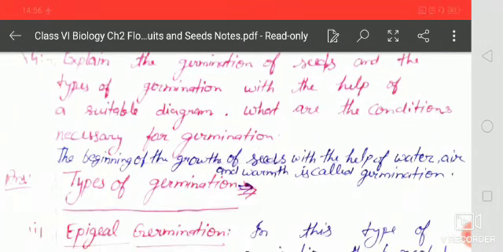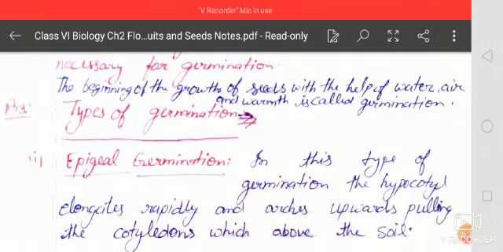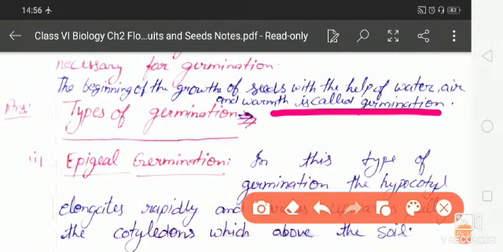So you know the beginning of the growth of a seed with the help of water, air and warmth is called germination. Germination is of two types, epigeal and hypogeal germination. In epigeal germination, the hypocotyl elongates rapidly and arcs upwards, pulling the cotyledons above the soil.